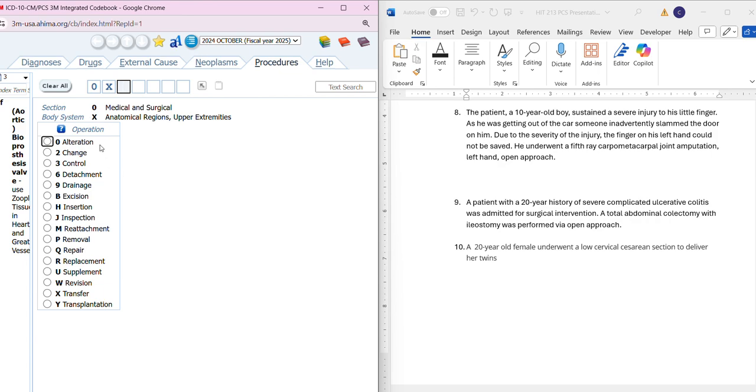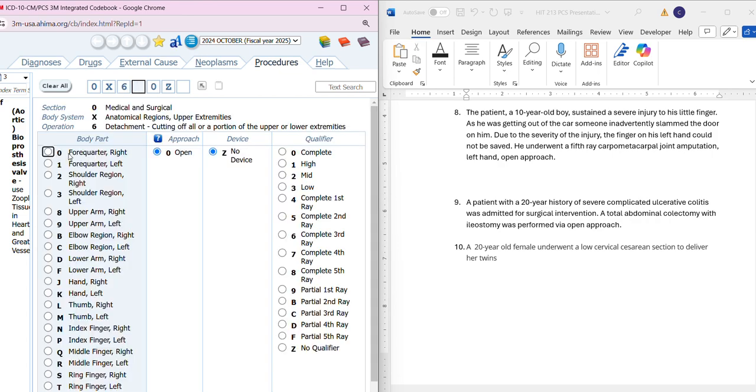For our root operation, looks like they had to amputate his finger, so that's going to be 6, detachment.